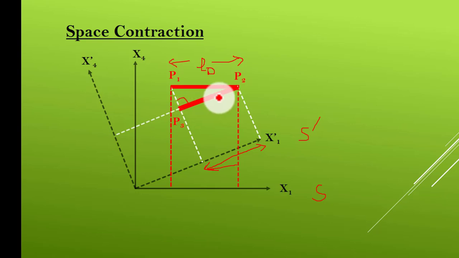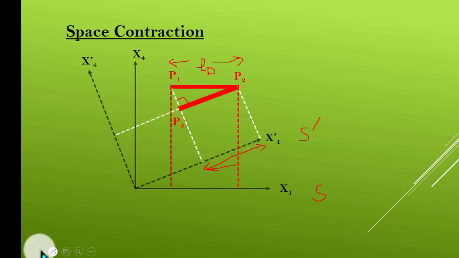As the base of any right angle triangle is smaller than the hypotenuse, P1 P2 is greater than the length of the rod in the S prime frame of reference, which is P2 P3, the base here. So that means this rod is contracted when we see it in the S prime frame of reference. So if we have to see its coordinate, we need to draw a perpendicular over the axis.